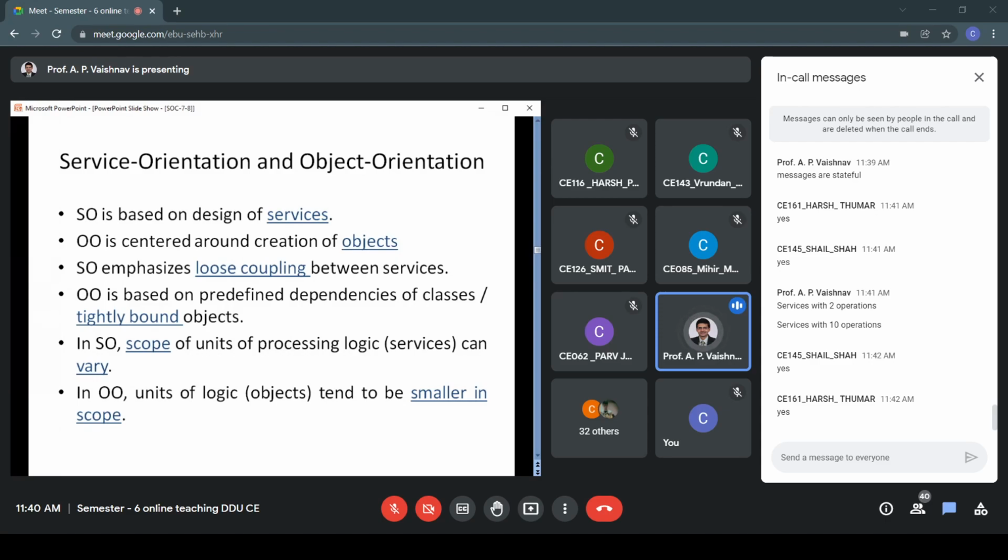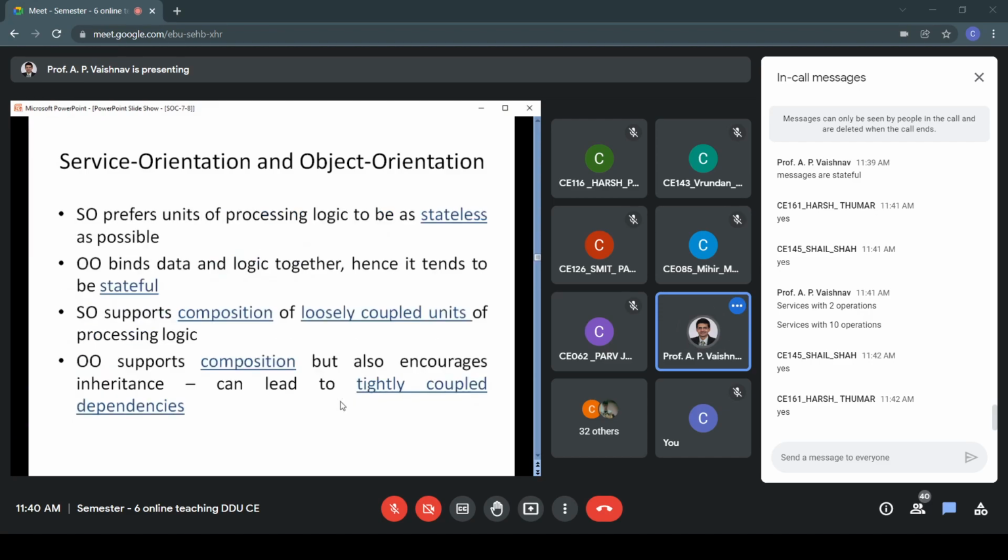Let us cover one more point, then I will stop. Next point is that service orientation prefers units of logic, that means services, to be as stateless as possible. We try to make services as stateless as possible so that our messages are stateful.